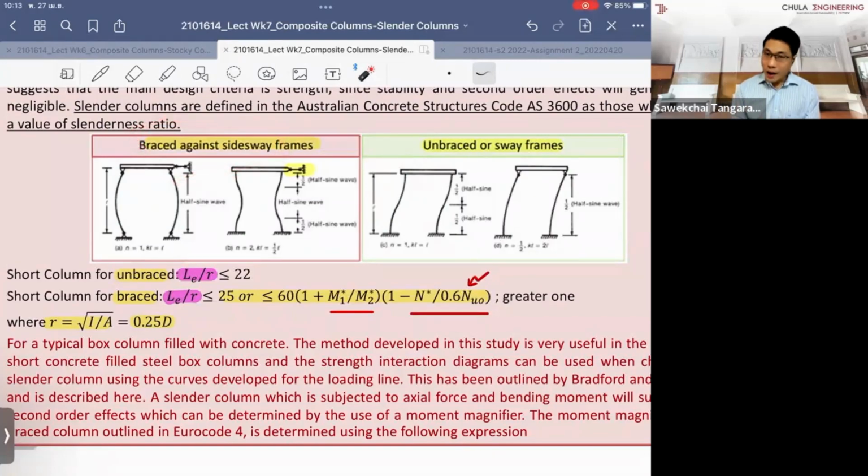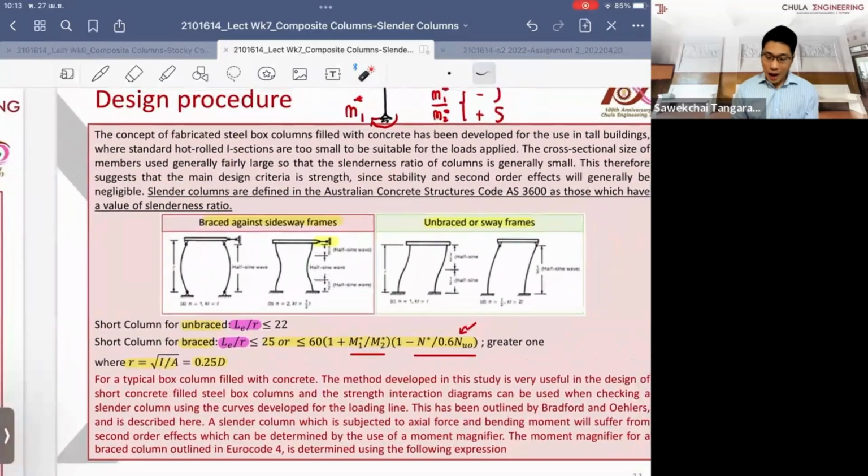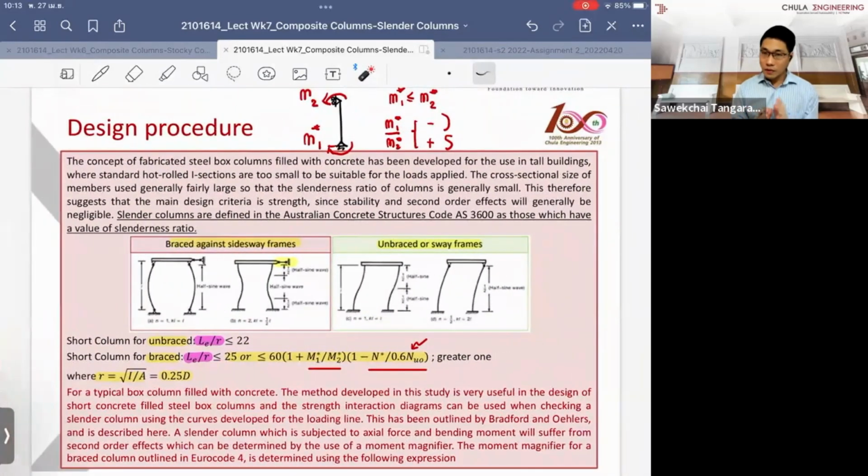In our exercise, we could not cover the whole, we can cover some, but to use the same concept, we will only discuss the term for the braced column, which makes sense as well.